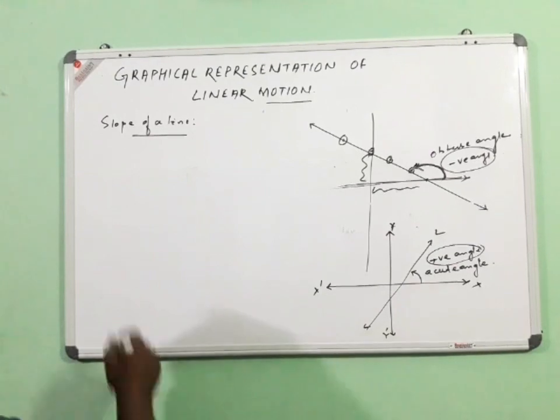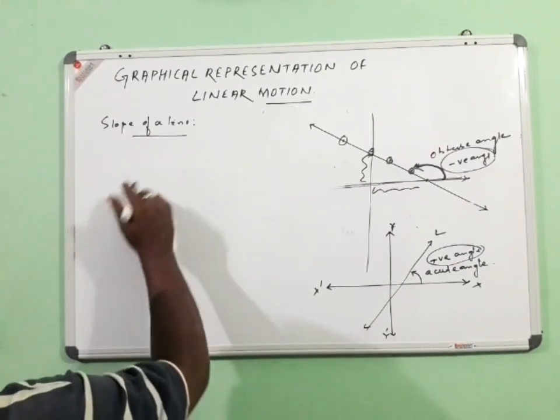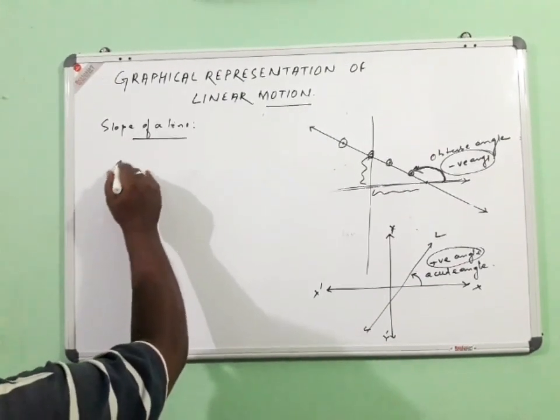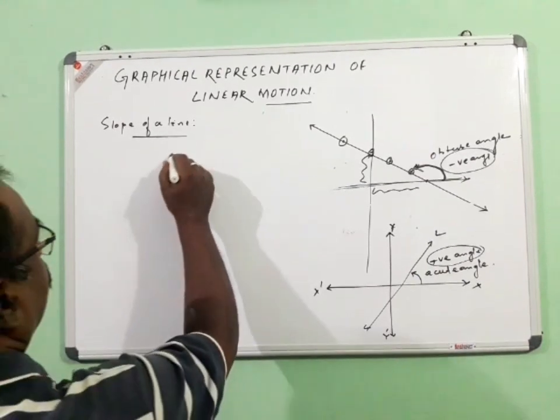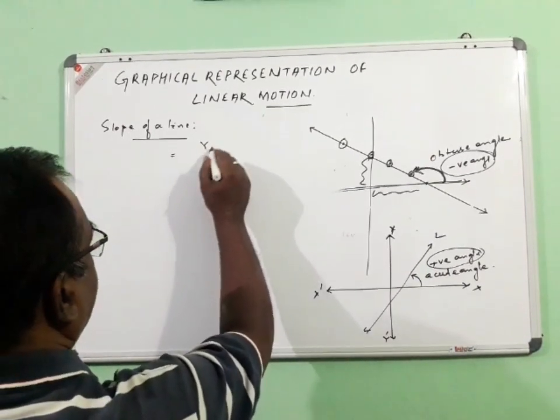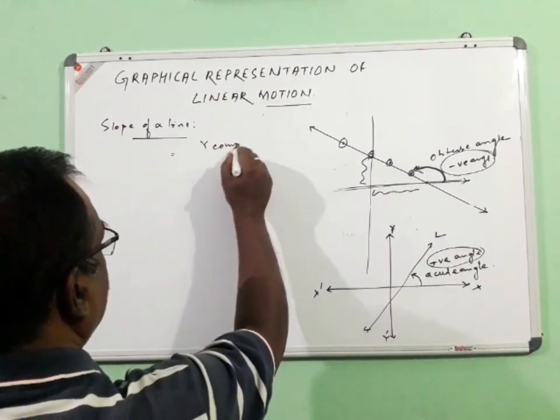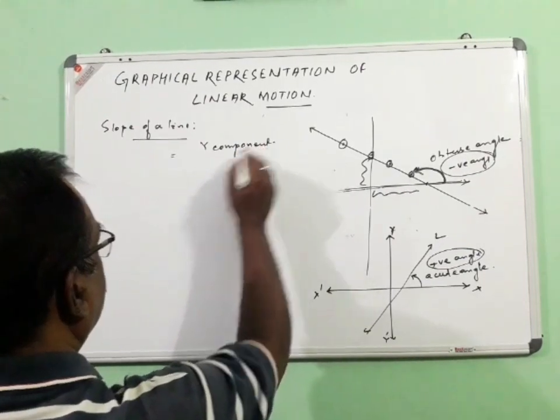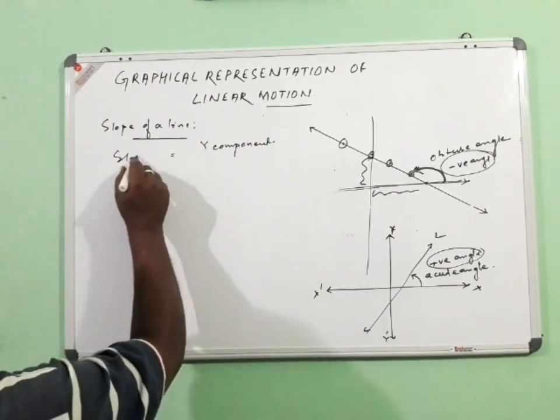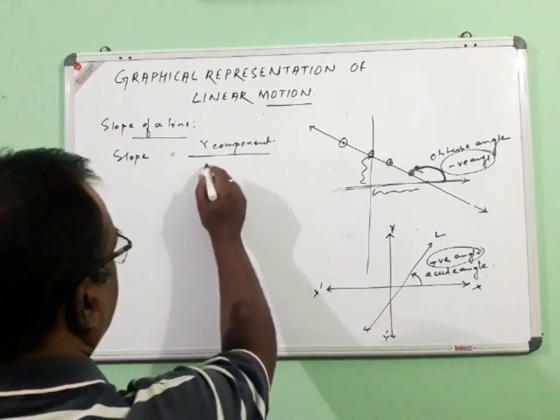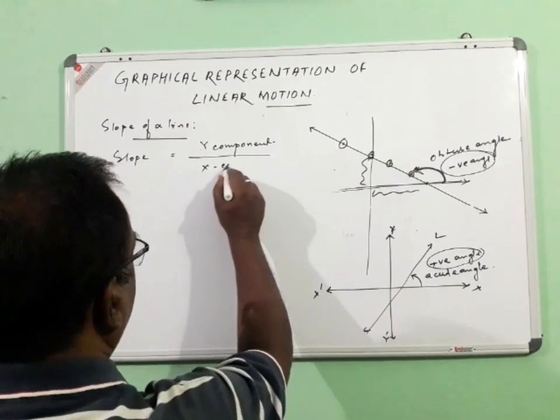So the slope of a line can be defined as the ratio between the y component and the x component.